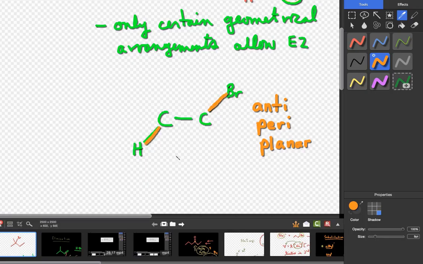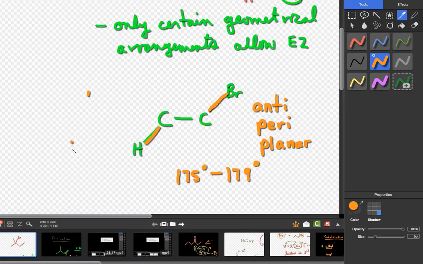That would actually be anti-coplanar. We do not need it to be strictly 180 degrees, but it needs to be very close. So typically 175 degrees to 179 degrees is close enough to facilitate a base.